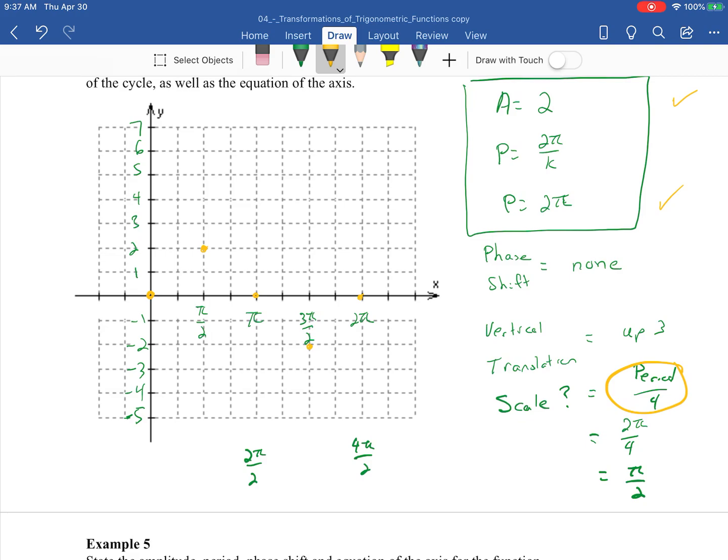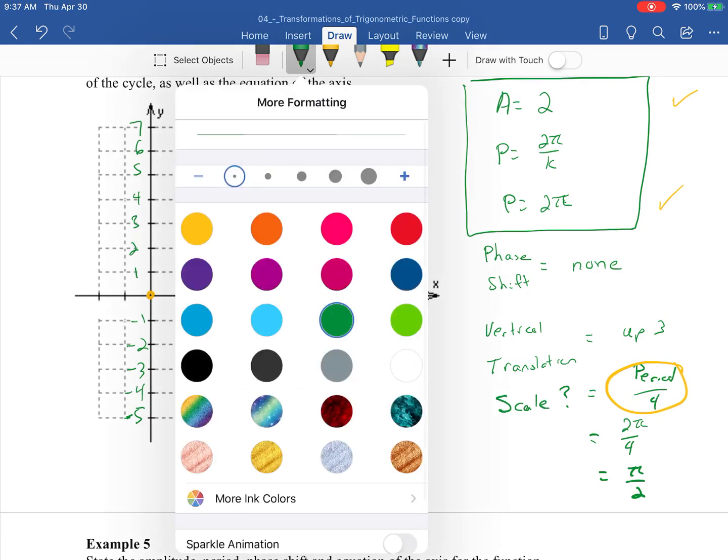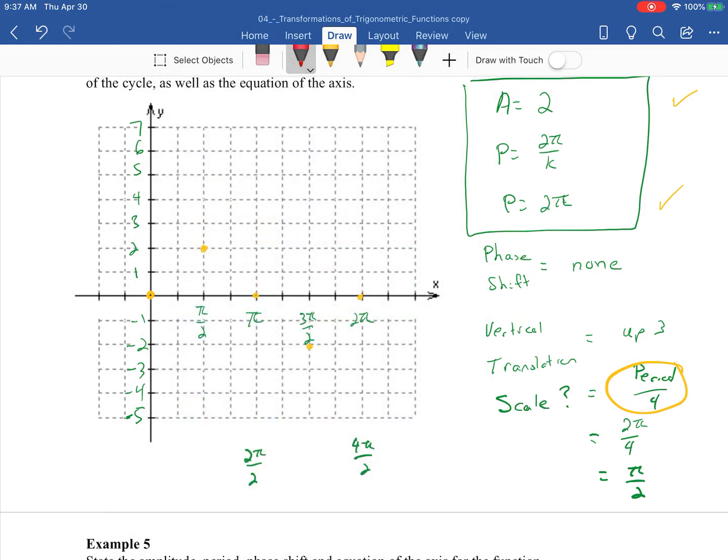You might be right with me to go, yes, you've now got the right period and the right amplitude, but you've got to move these all up 3. So that's why I don't draw a curve through these points. I just use them as reference. And if you're drawing them on your graph, draw them sort of light so you can just barely see them, just enough to use them. Because then my final graph, which I'm going to do in the brightest red I can come up with so you can really see it, I'm going to take all those points and move them up 3 so I can ignore those orange points. Up 3 gives me this point.